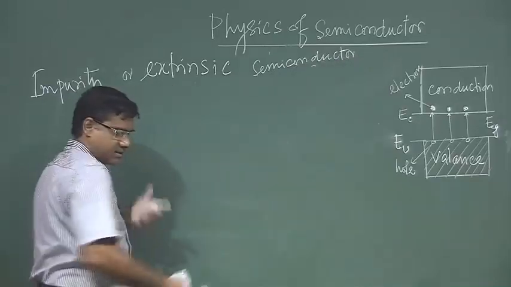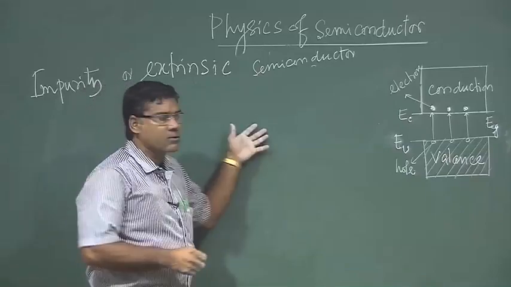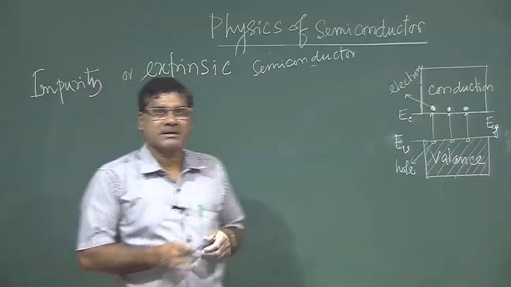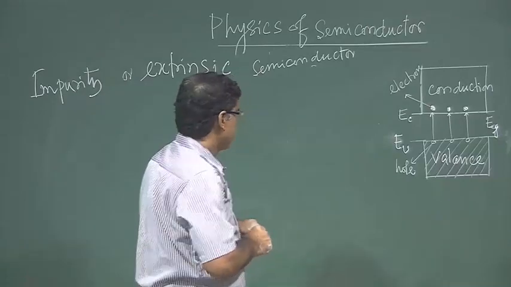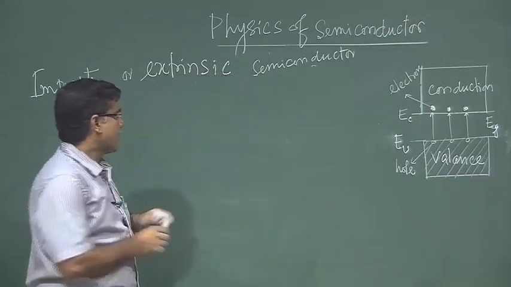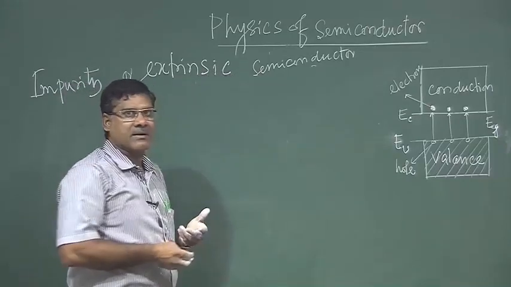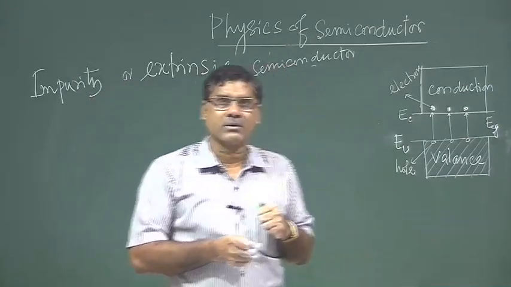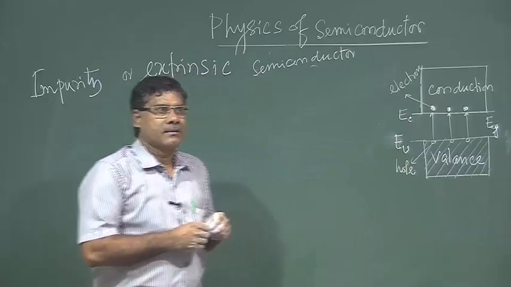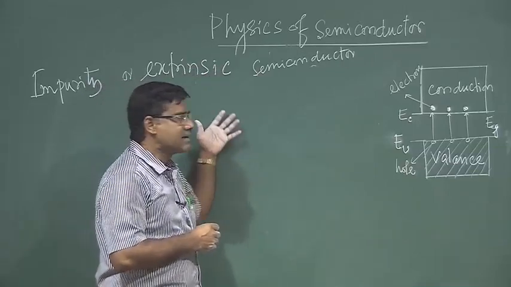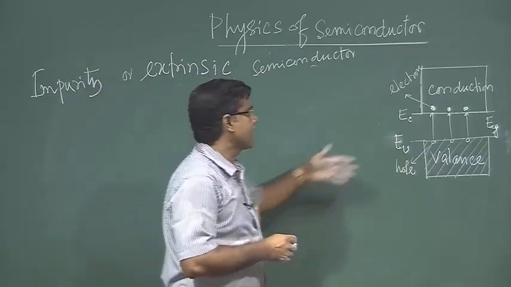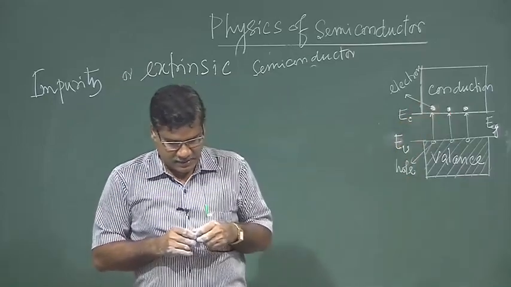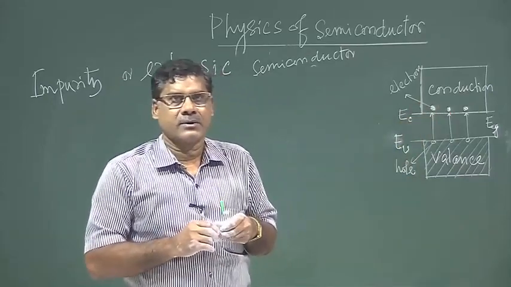Controlling the carrier concentration is very important in a semiconductor. Say I have a silicon semiconductor with band gap 1.16 electron volt. As intrinsic, depending on temperature I will get some carrier concentration, and nothing else I can do.